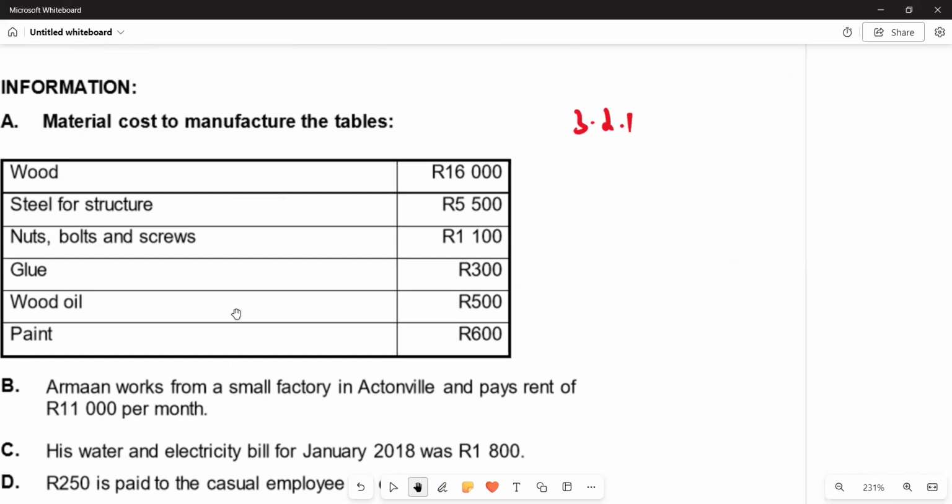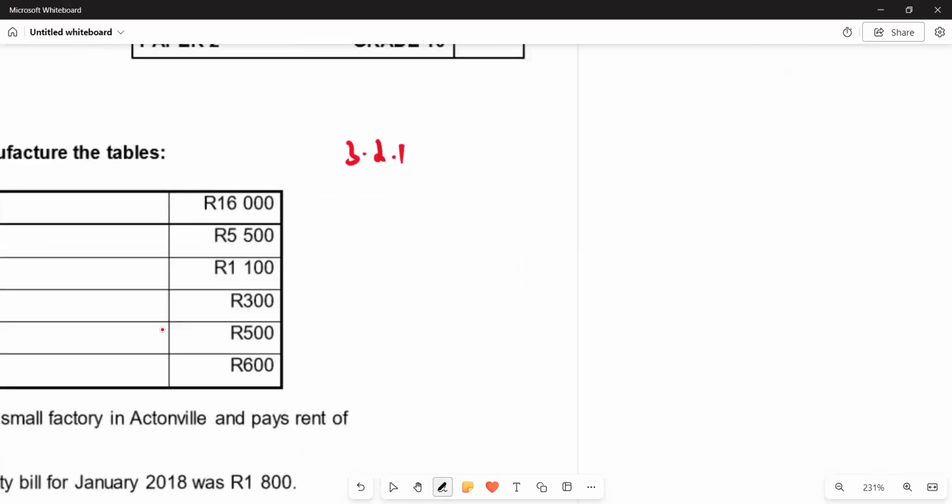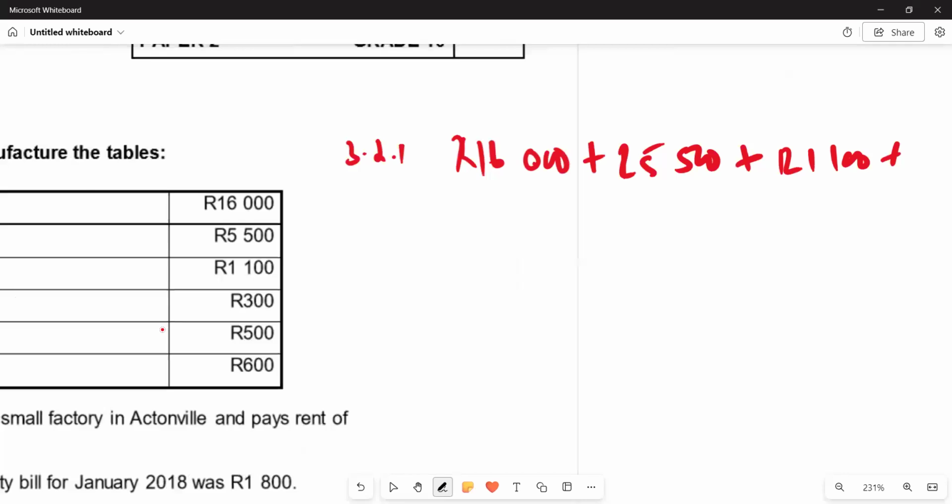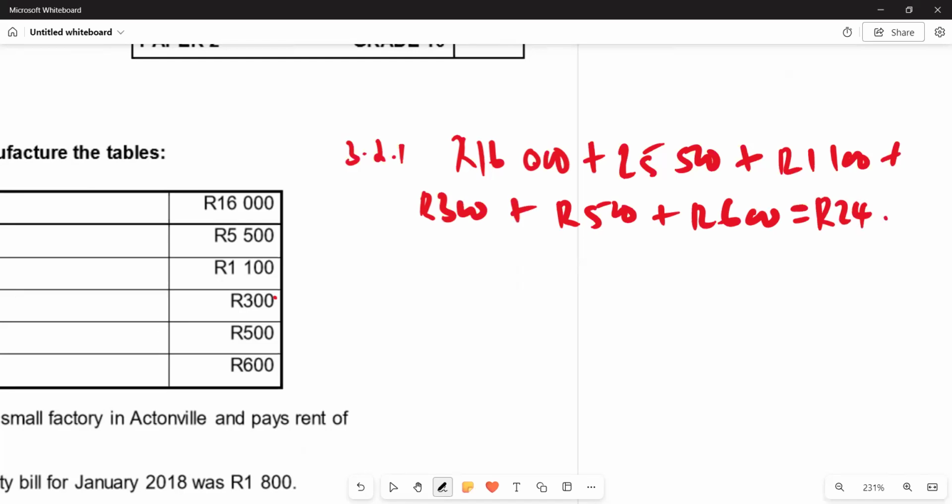So we say 16,000 rands, and then we add 5,500, then 1,100, then 300, then 500, then 600. If you add like that, the answer you get is 24,000, representing the total material costs.